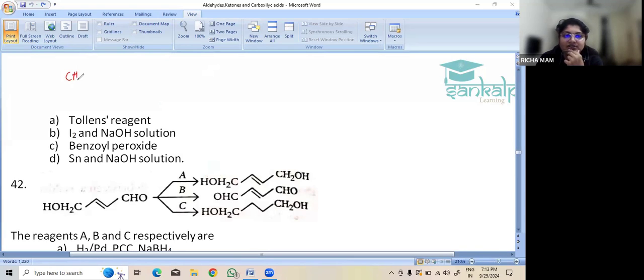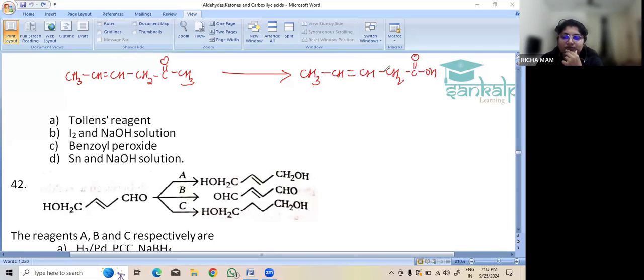Yes, which is the best reagent? For this conversion, that is CH3, CH double bond CH, CH2, C double bond O, CH3 to CH3, CH double bond CH, CH2, C double bond O, OH: if we use I2 in the presence of NaOH, the haloform test, I'm going to get iodoform. So iodoform test is answered.